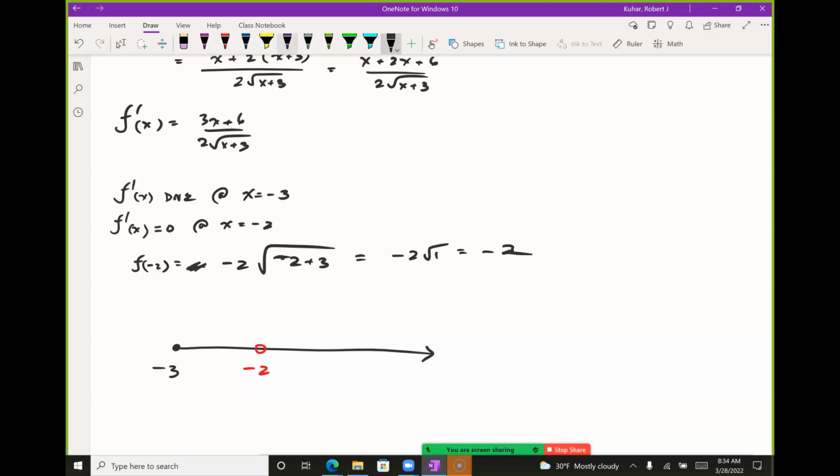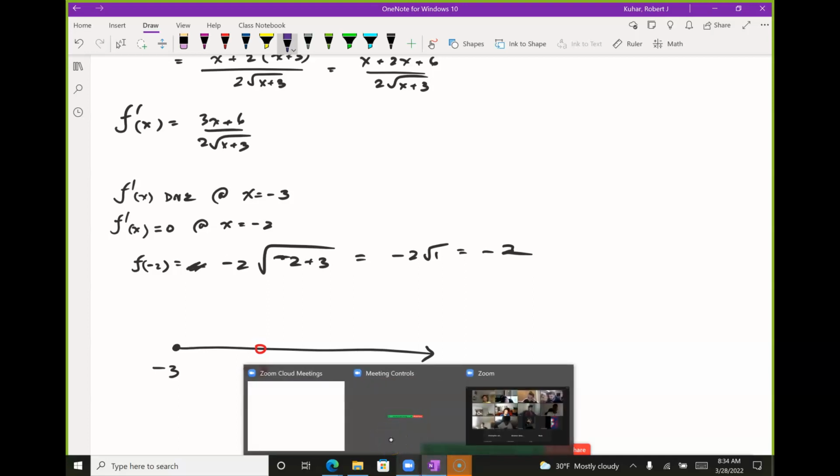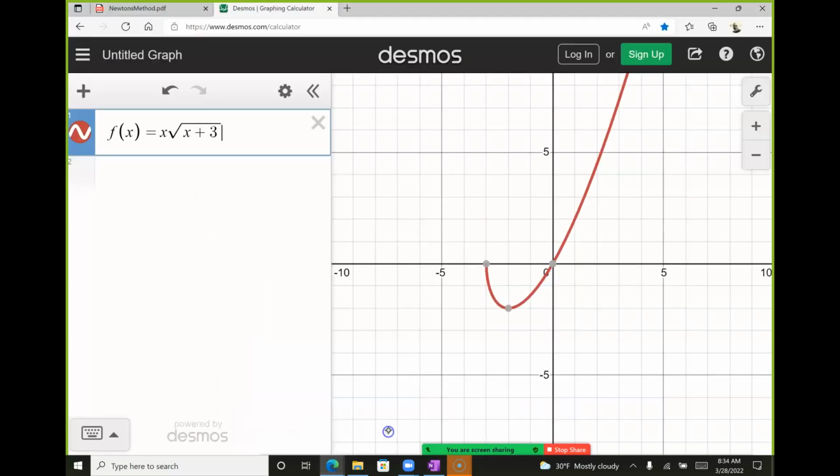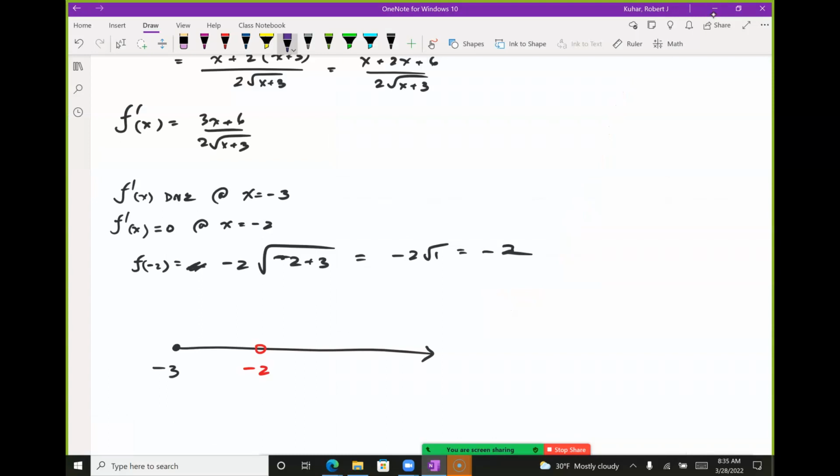So I need to find test values. Anything I want between -3 and -2, right? Look at the graph. Anything I want between -3 and -2 will give me a piece of that curve that's decreasing, right? So -2.5 is fine, and then I'll put a 0 in for my other test value.